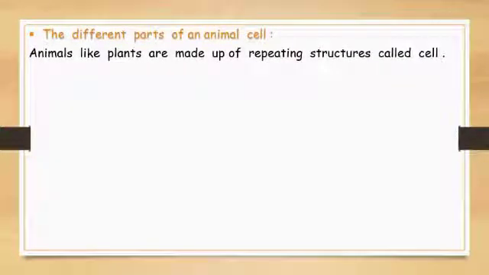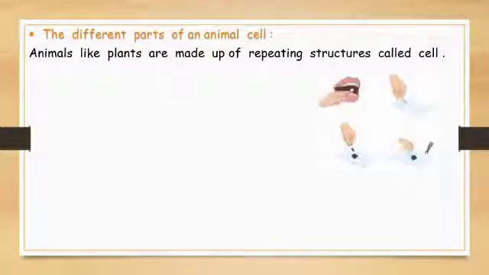Now we will talk about the different parts of an animal cell. Animals, like plants, are made up of repeating structures called cells. So, also, the organs of animals are made up of repeating structures which are called cells.